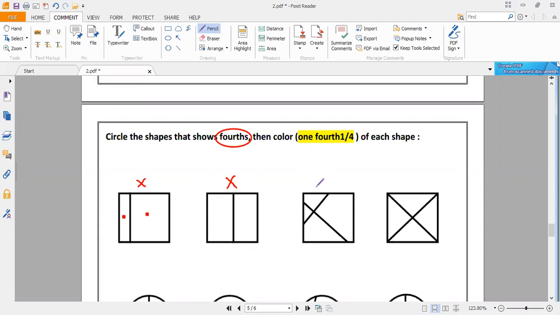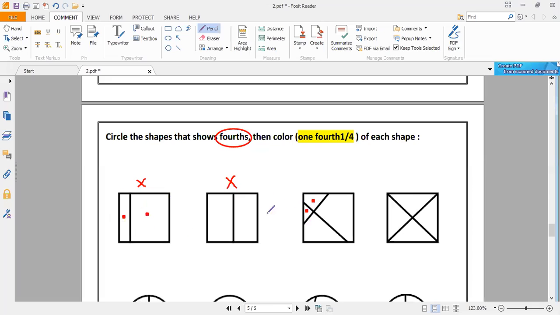The parts should be what? Equal. Do you know what equal means? No. Equal means the same size. All of the parts are the same shape and the same size.